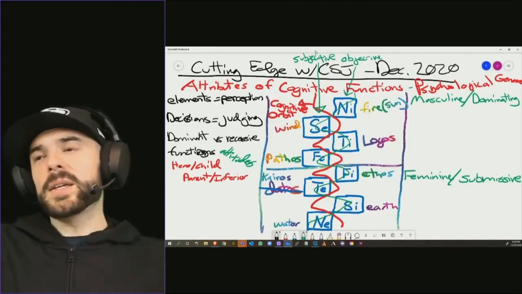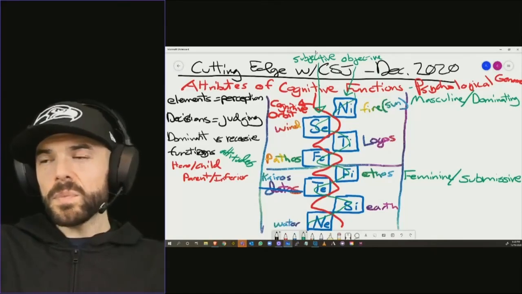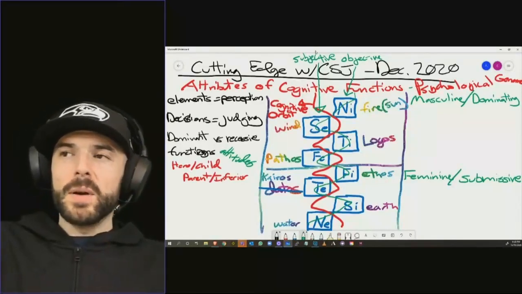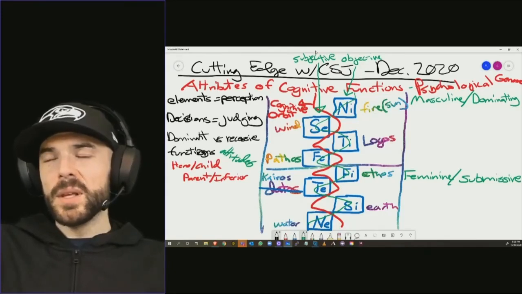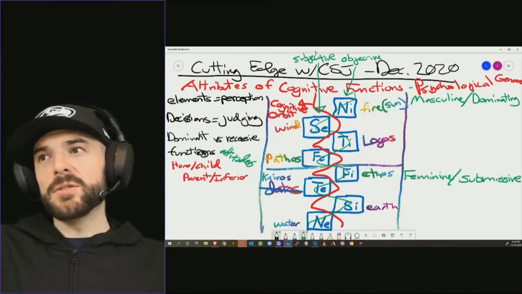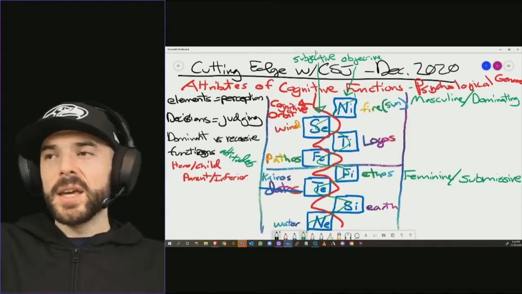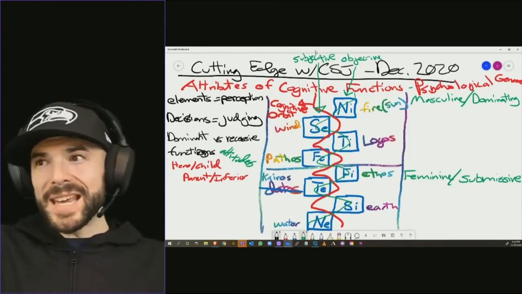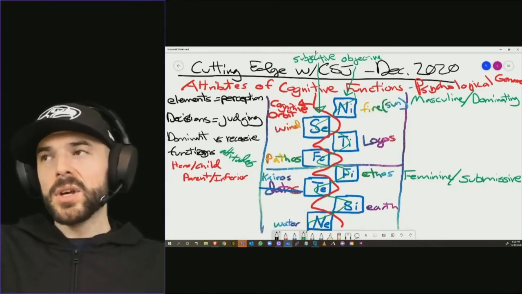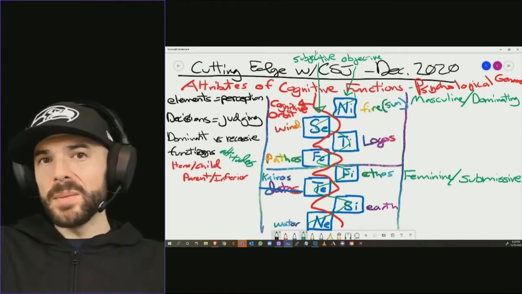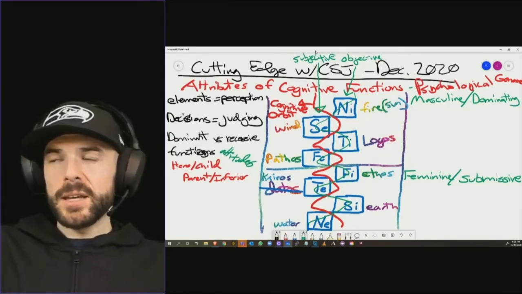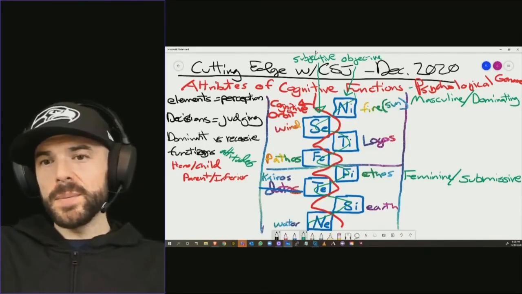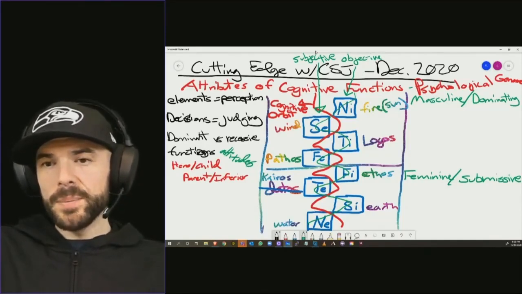And while SI and FI, if you're to compare individual functions, their objectives, NI is definitely more objective than SI is, and TI is more objective than FI is, which is why those two functions are technically more masculine. They carry more masculine traits, whereas FI and SI carry more feminine traits, basically, as a result.